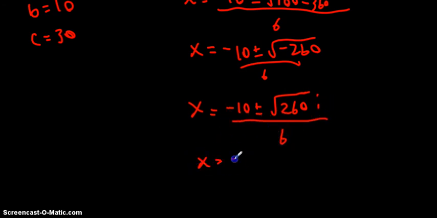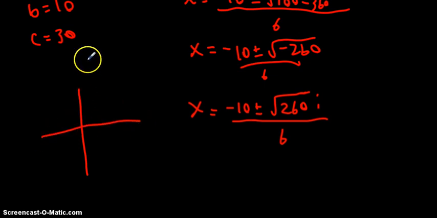So we'd simplify this radical, and these would be our answers if you finish simplifying this. I'm not going to now because we're running out of time, but you'll notice there's this negative radical, and that tells us that the parabola that we have here actually does not connect with the x-axis, so it doesn't have any roots. There are no real roots. The i means that they are imaginary. So if we have a negative radical, our roots are imaginary, which we'll talk about in the next video on complex numbers.